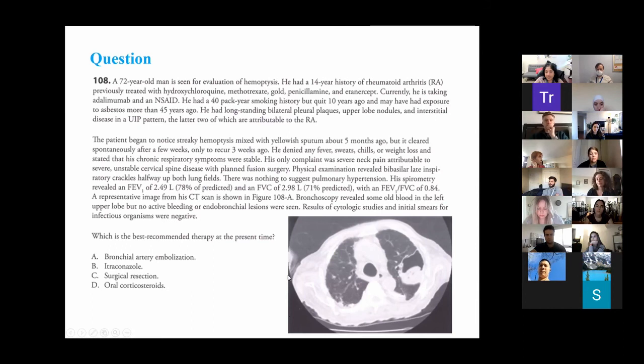And you see a CT here, which I will point out to you, this big, huge cavity that looks like it has something filling. This is an aspergilloma in a chronic cavity. And he was already bronched. It just showed some old blood here on the left side, nothing active, nothing endobronchial.